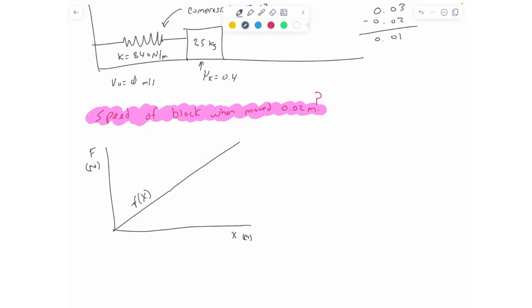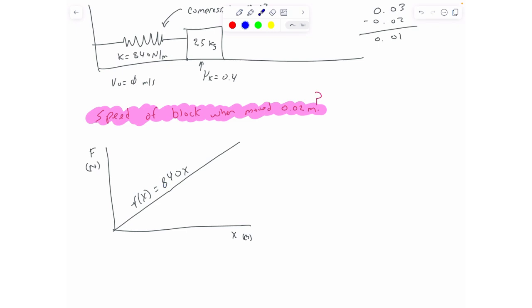So let's go back to this. And yeah, so f of x, which is the force as a function of x, is equal to 840 x, of course it's Newton meters. Now this is a function in x, so there's x there. So what that means is when this spring is stretched or compressed, you could do it either way, let's say by 1 meter, it would be 1 times 840, and that gives you your new force.